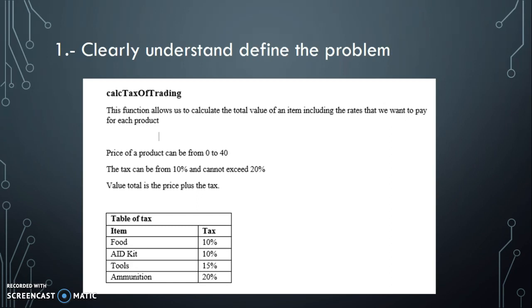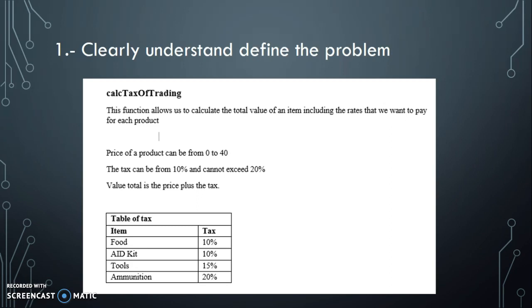The task in this function is to calculate a total value of an item, including the rate that we want to pay for each product.